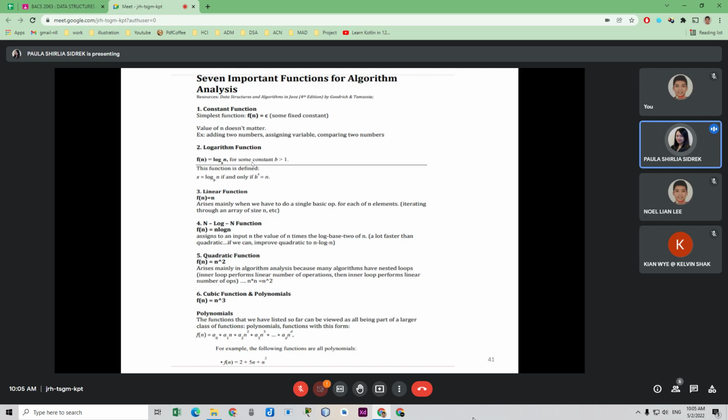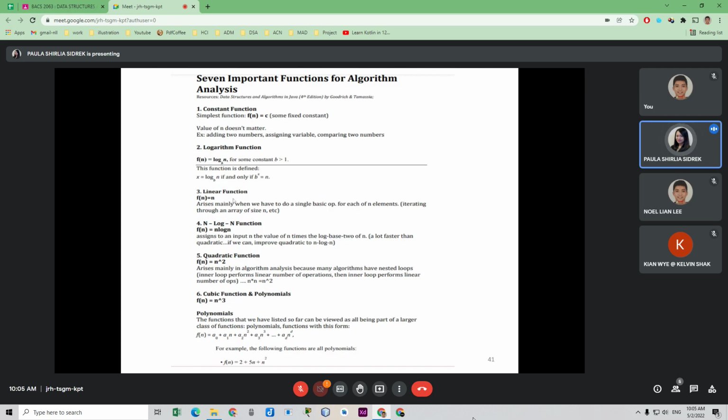Here it says that for some constant b more than 1, this function is defined as x equals log base b of n if and only if b to the power of x equals n. So basically that is how they define the logarithm function in algorithm analysis.